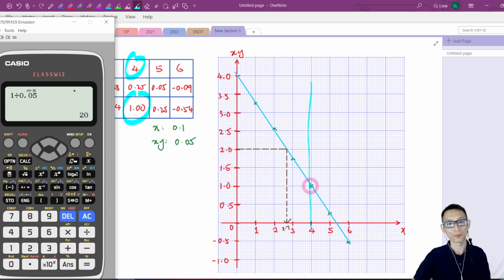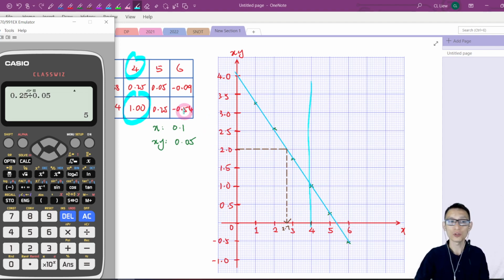How about 0.25? 0.25 divided by 0.05, you get 5. So this is 5 small grids.